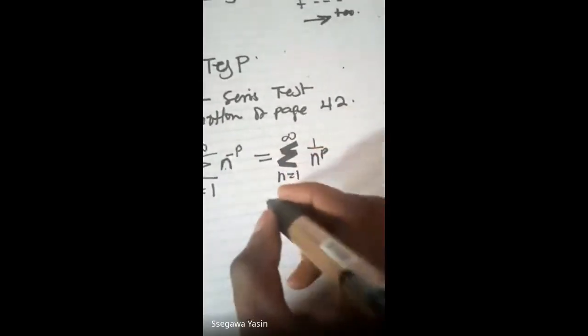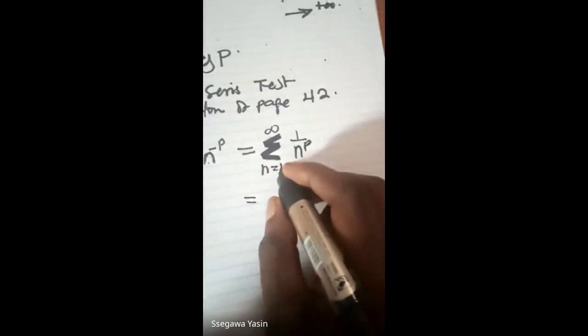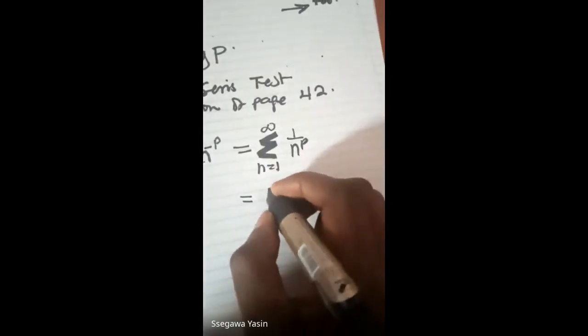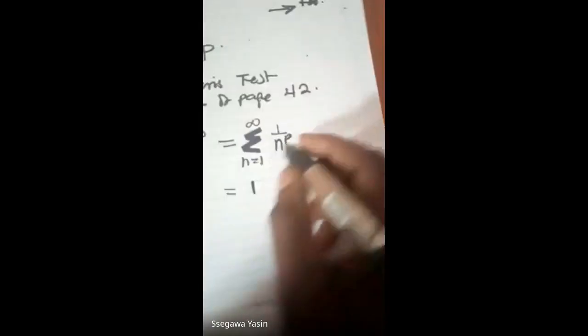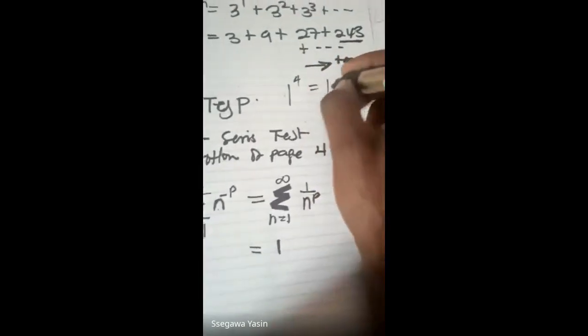Meaning that I'm shifting n. And when I put n equal to 1, it will be 1, because 1 to power p will remain 1, because remember, 1 to power any value, maybe to power 4, I'll get 1. That's why I'm getting this 1 here.